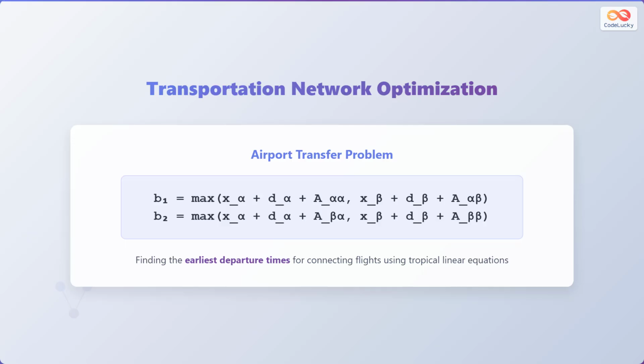For example, b1 equals max of x subscript alpha plus d subscript alpha plus a subscript alpha alpha, x subscript beta plus d subscript beta plus a subscript alpha beta. b2 equals max of x subscript alpha plus d subscript alpha plus a subscript beta alpha, x subscript beta plus d subscript beta plus a subscript beta beta. These equations can help optimize the scheduling of flights to minimize transfer times and improve overall network efficiency.